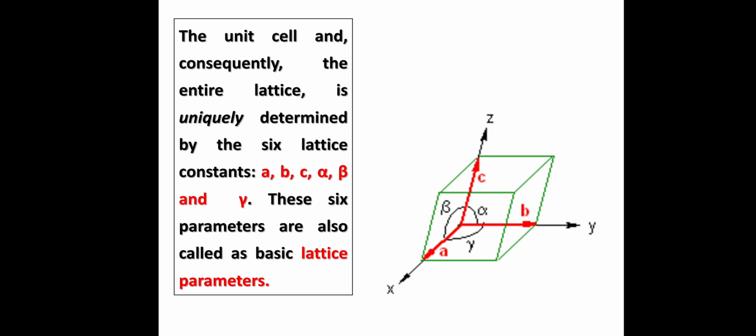Of course, the unit cell and consequently the entire lattice is uniquely determined by the 6 lattice constants. We call them lattice parameters. So you are observing x, y, z, the three-dimensional space, of course the origin, and I have taken one cube.